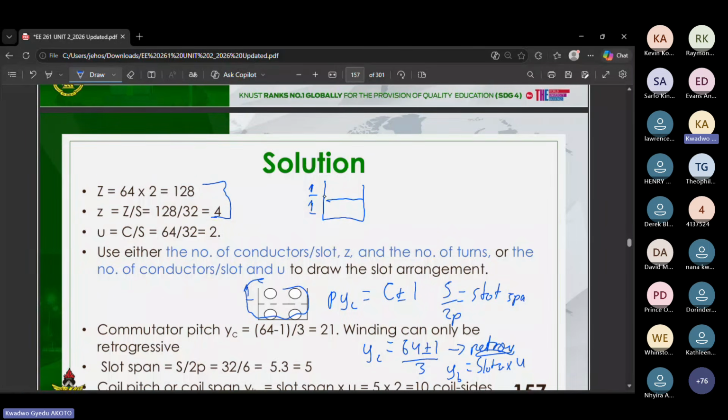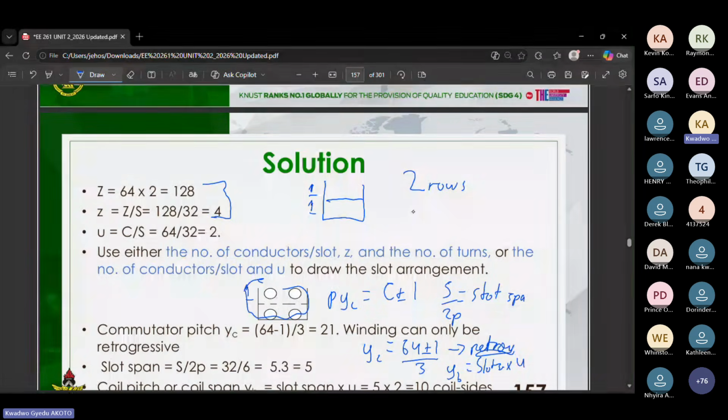So if each layer has 1 row, then the whole slot is going to have 2 rows. Our slot has 2 rows, but that doesn't help us identify what we want. So now it's left with columns.